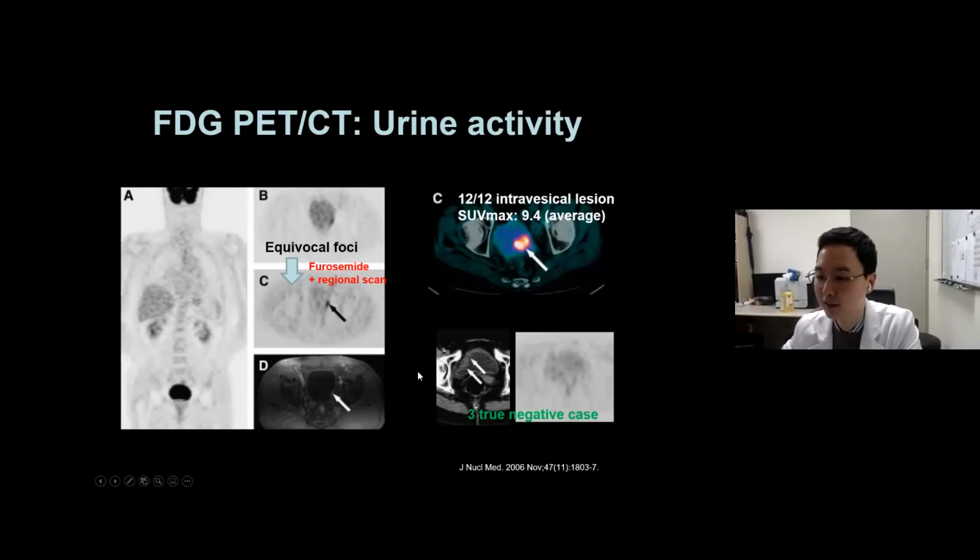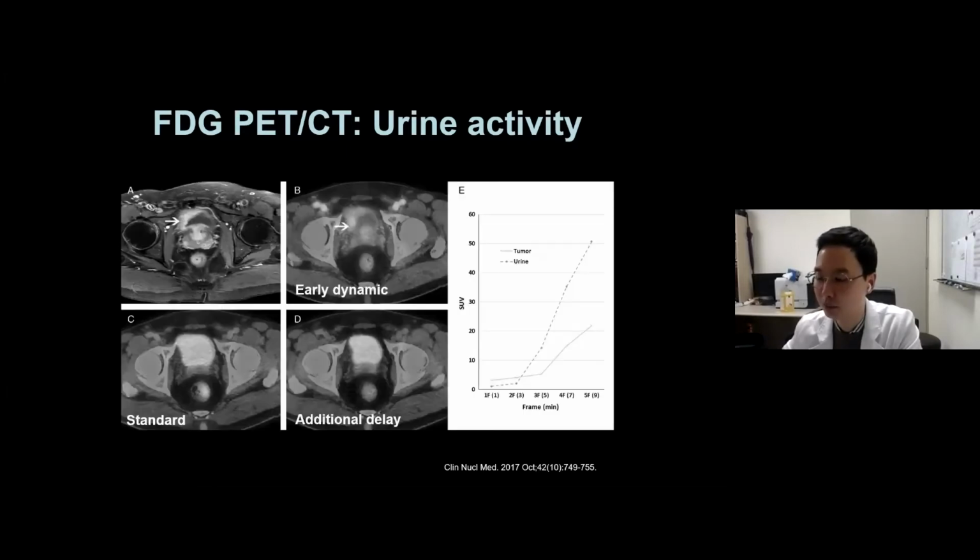So they insist that this voiding method can be used for the detection of bladder cancer.